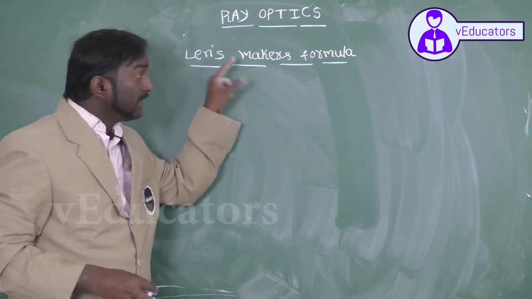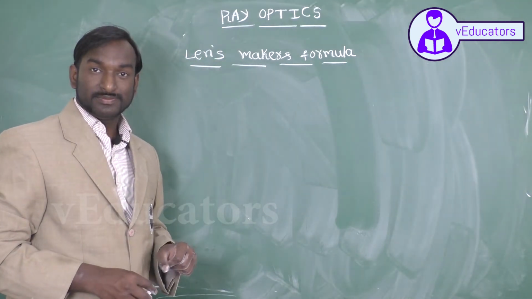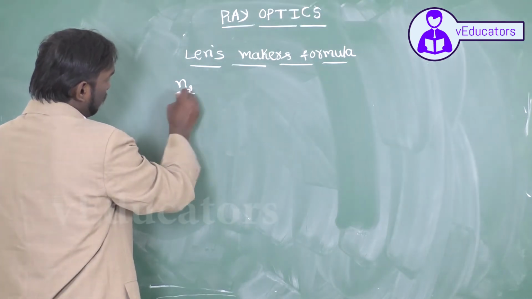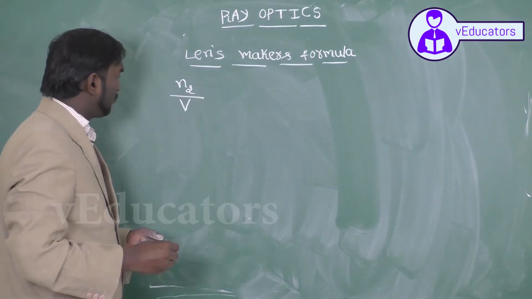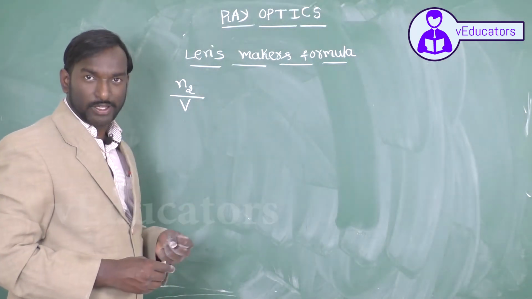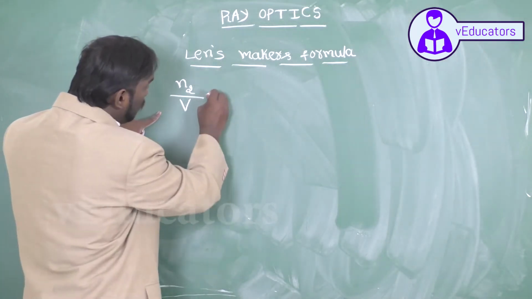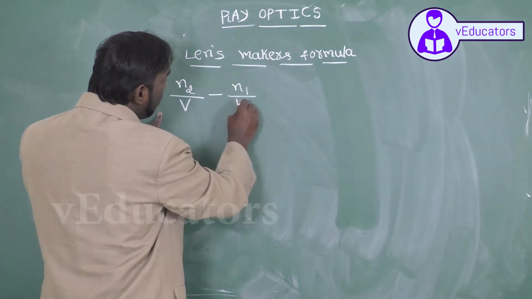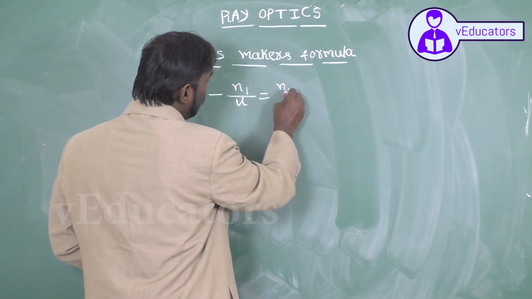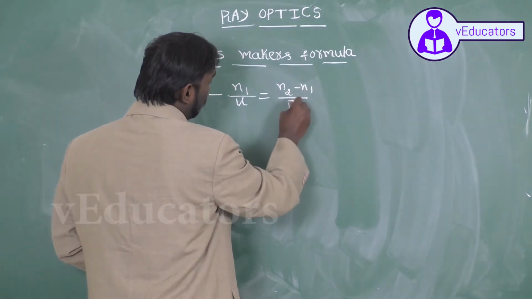I can derive the lens maker's formula using a relation between refractive index, object distance, image distance, and radius of curvature, that's n2 by v minus n1 by u, which is equal to n2 minus n1 by R.